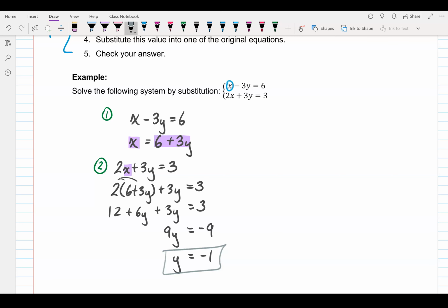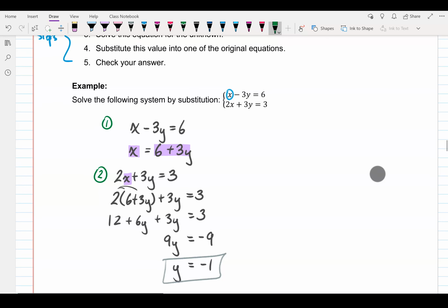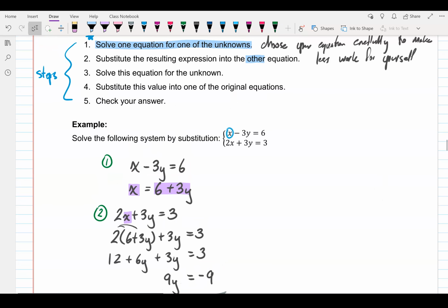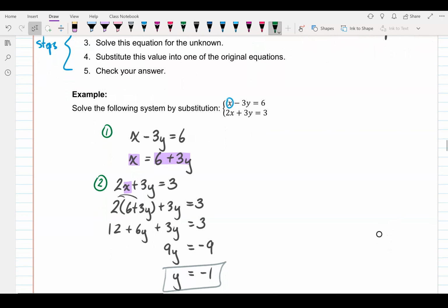We found our y. How do we get our next piece of the puzzle? Well, how do we go back and solve for the next piece of information, which is the x? It says solve, well, I guess I did 2 and 3. Okay. The second step is substitute the resulting expression to the other equation. Solve this equation for the unknown. So it's now solved for the unknown.